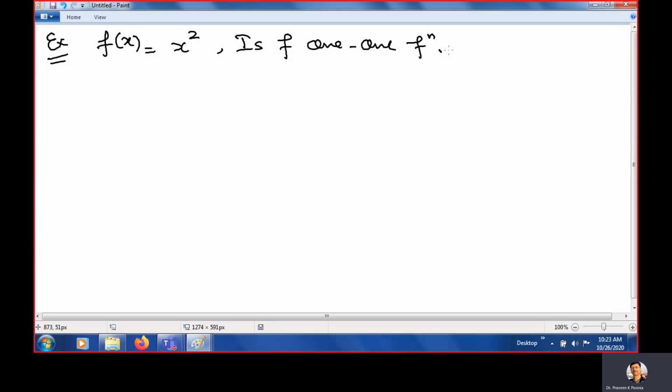Let us check it. The same methodology, f(x1) equals f(x2). So it is x1 power 2 equal to x2 power 2. Now here is power 2. In the last question it was 3, so we took the cube root. Here we will take the square root.